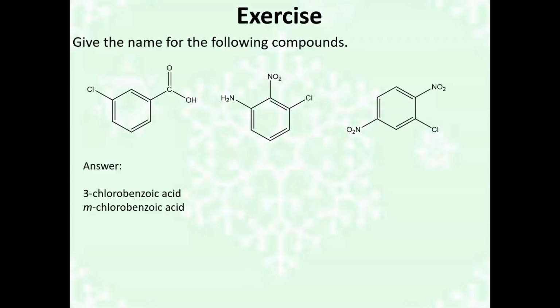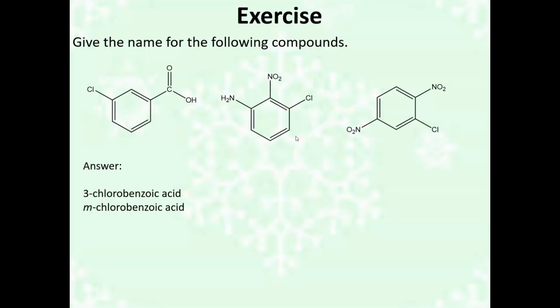Second structure. What is the parent name? Benzene with chlorine does not have any new parent name. With NO2 also none, but with NH2 it is called aniline. So NH2 is at position 1, then the position of NO2 is 2, and the Cl is at position 3.